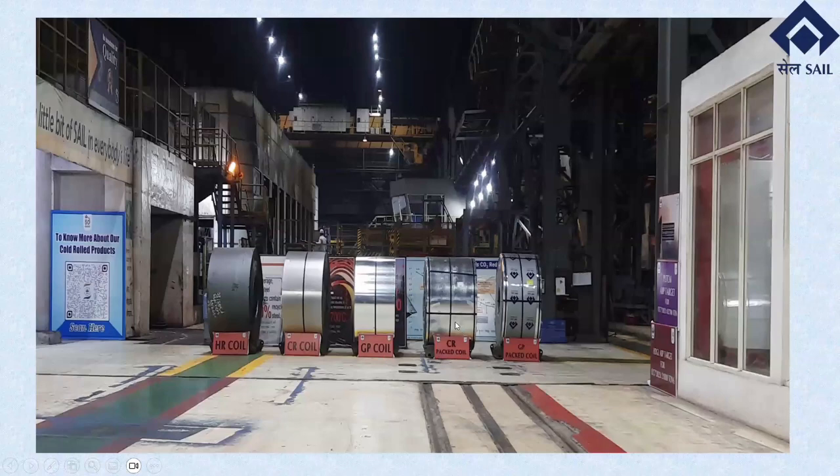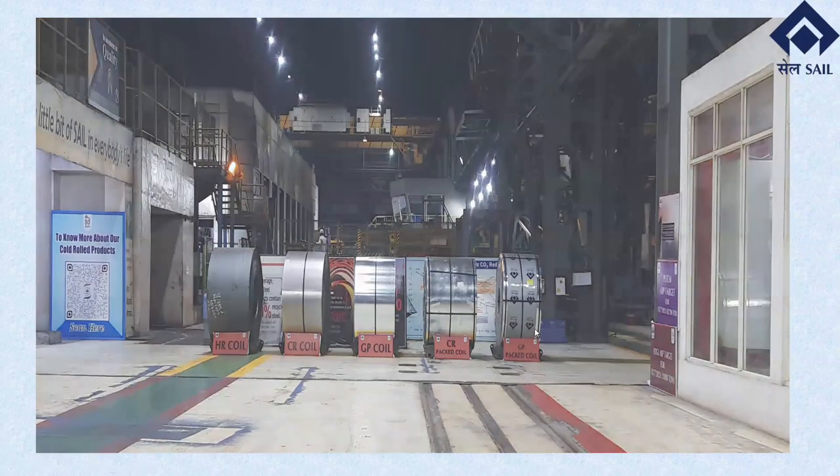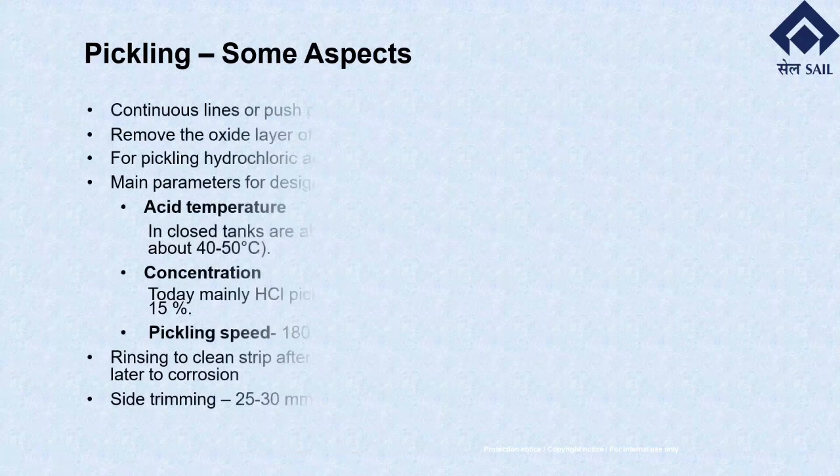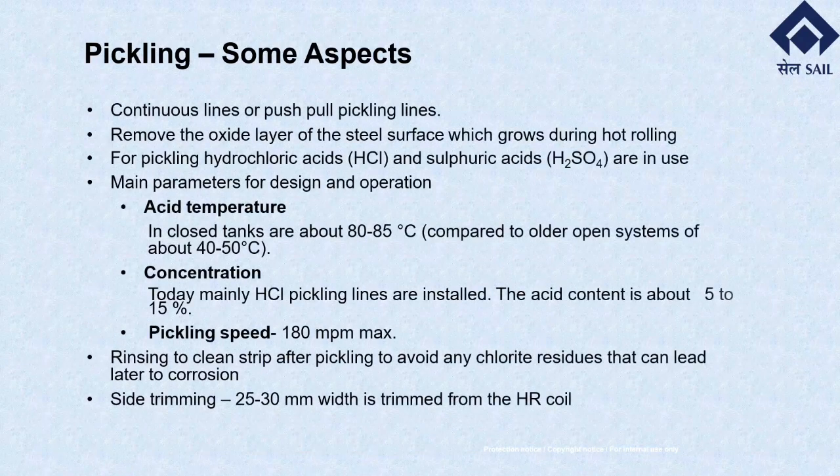One is the zinc galvanized sheet packing, and the other one is the resilient packing, which has stopped for now due to customer complaints.